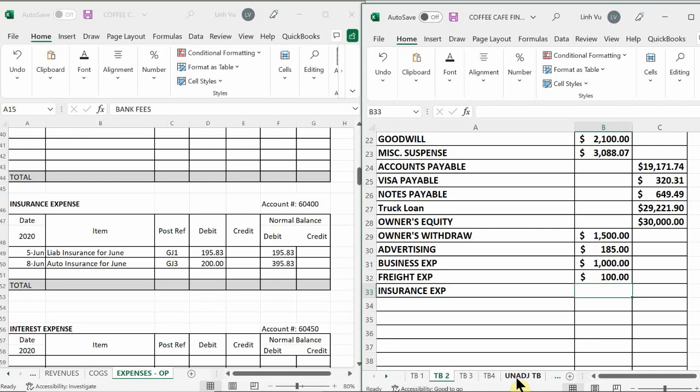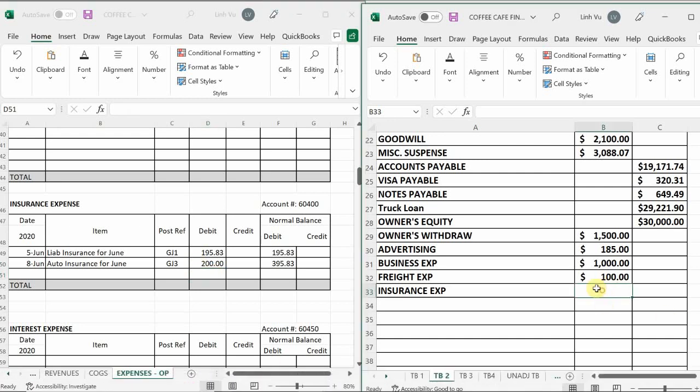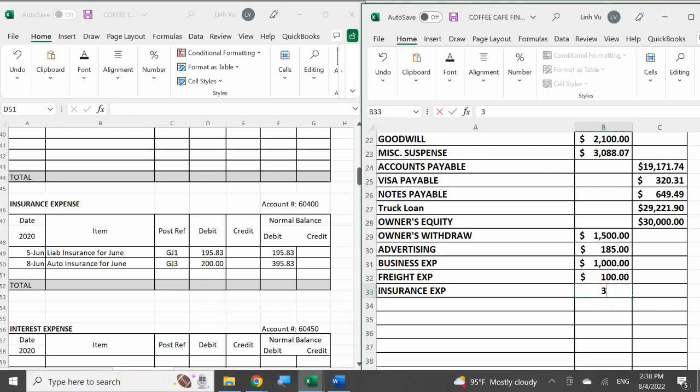What number are you looking at? The insurance expense. Don't we add? Oh, it's 39583. Yes. 39583. Okay.